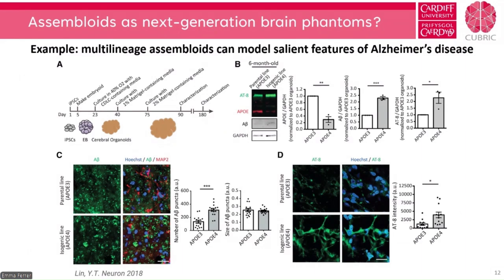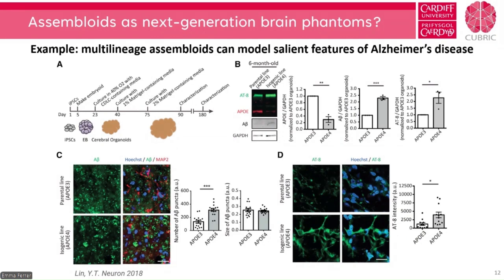This is just an example of Alzheimer's disease. In this case, they created an assembloid mirroring the cortex, and then they got two assembloids. In one, they injected microglia-like cells carrying the high-risk allele ApoE4. In the other, they injected microglia-like cells carrying the low-risk ApoE3.